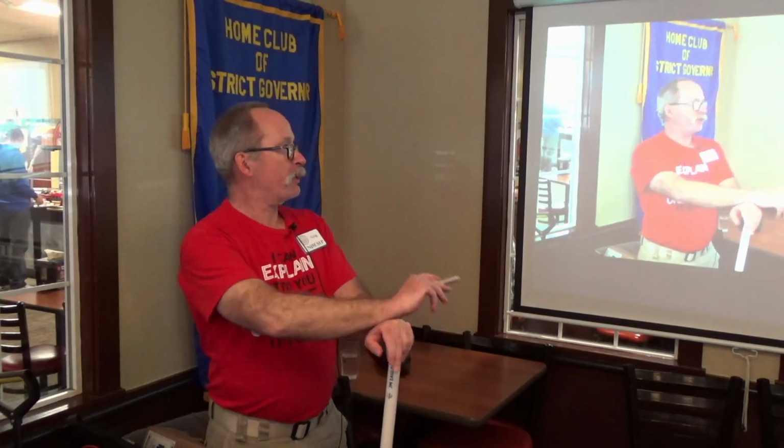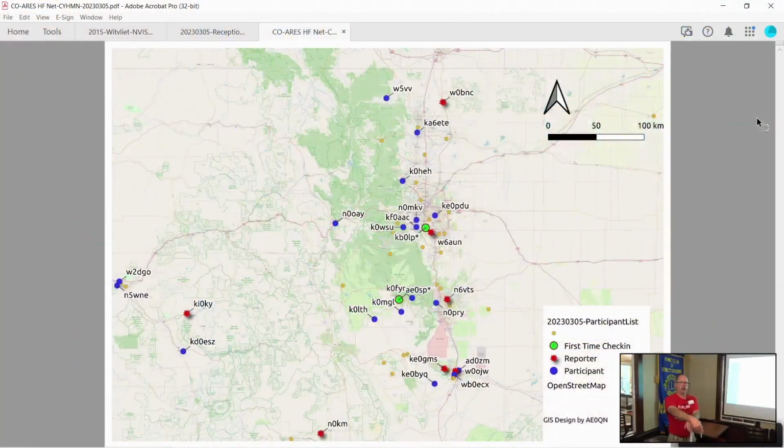And typically during that Aries HF net, there's a station in Pueblo, there's a station in Grand Junction. Bob is usually on in Nunn, and I can work all 3 of those just fine. Grand Junction's 200 miles away. Pueblo's 150 miles away, and I guess Nunn's about 30 miles away.